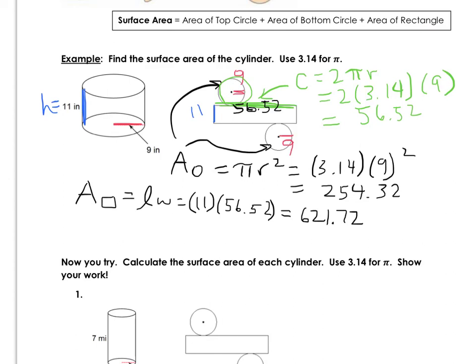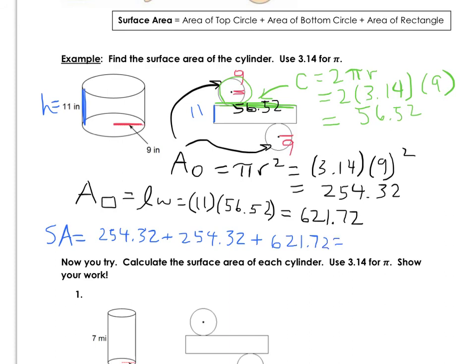So let's go ahead and work through that. The surface area will be the top circle, which is 254.34, plus the bottom circle, which is also 254.34, plus the middle section there, that rectangle, which we found out was 621.72.